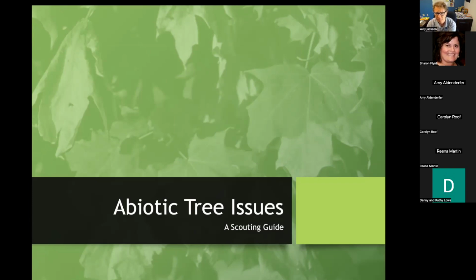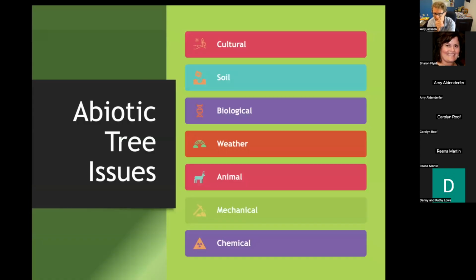The insect and the disease problems of our trees are really much, much less than these other abiotic things. And I would say probably 70% of the tree issues that I look at are really one of these seven categories here. So I broke these out just to make things a little bit easier to touch on today into these seven categories.